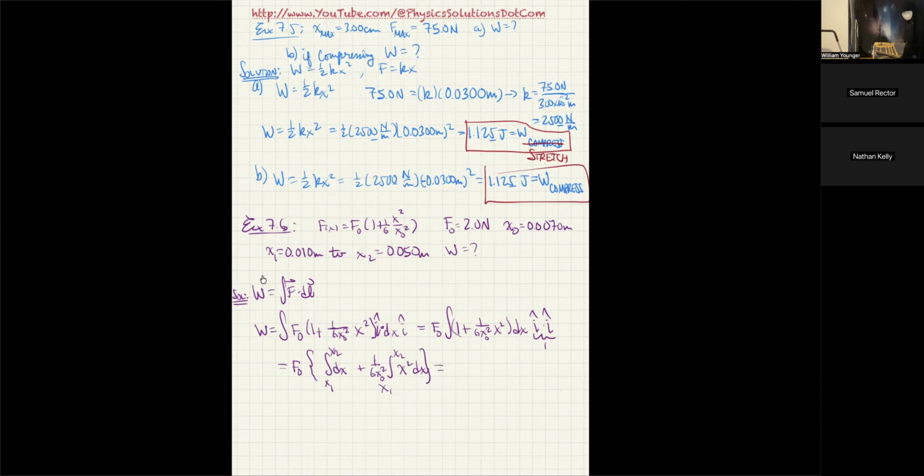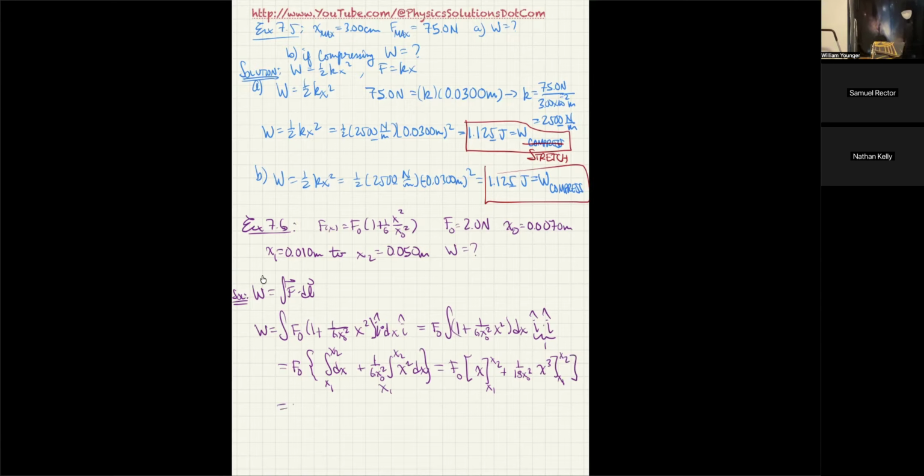That gives us F0 times x from x1 to x2, plus, now the integral of x squared is 1/3 x cubed, so 1 over 18 x0 squared times x cubed from x1 to x2.